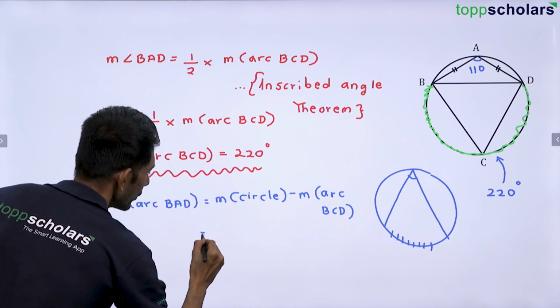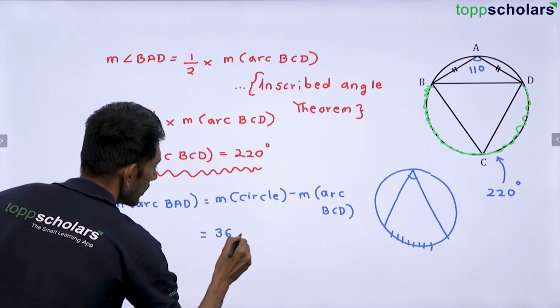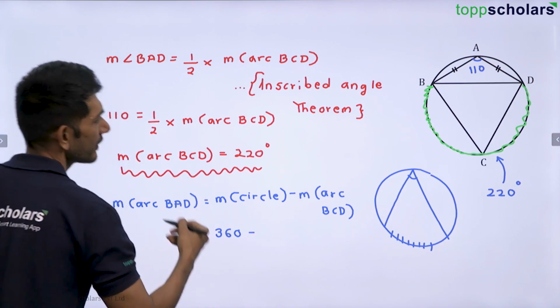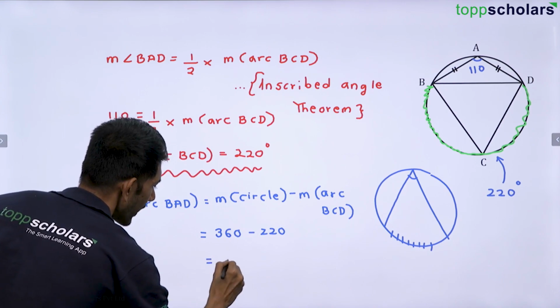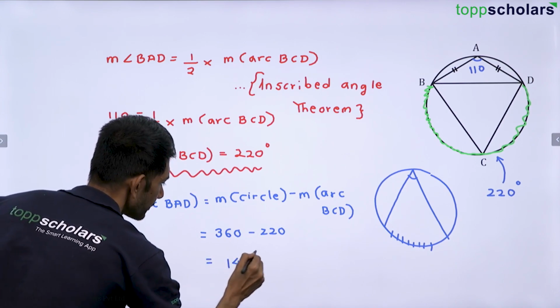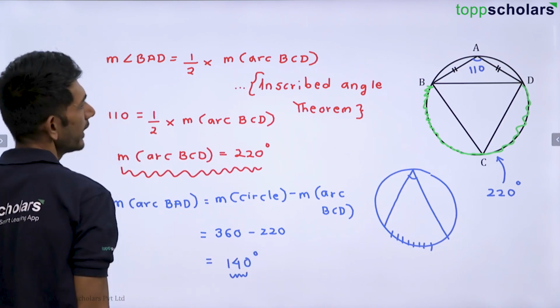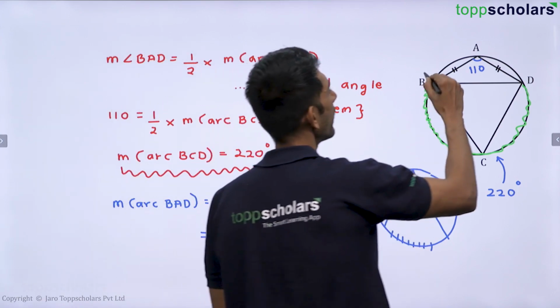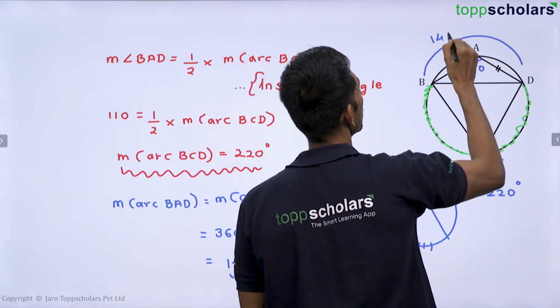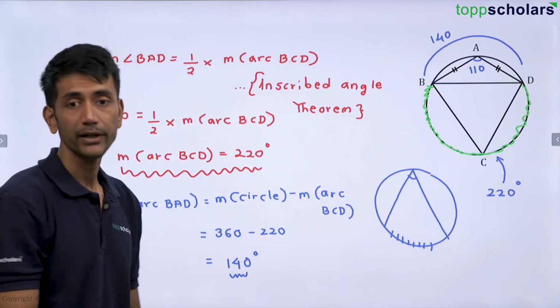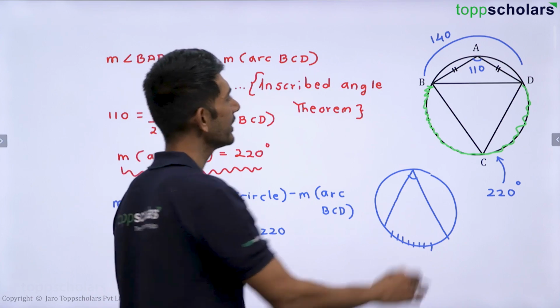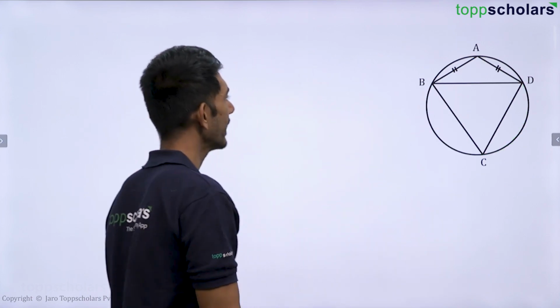So that gives you 360 minus measure of arc BCD is 220, and that is going to give you 140 degrees. Correct? So this upper part, this is 140. Still the question is not over, because the third question says we are supposed to find out the measure of angle ABD over here. How do we do that?